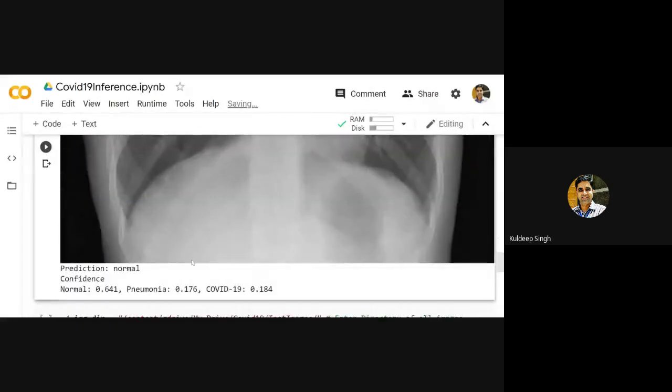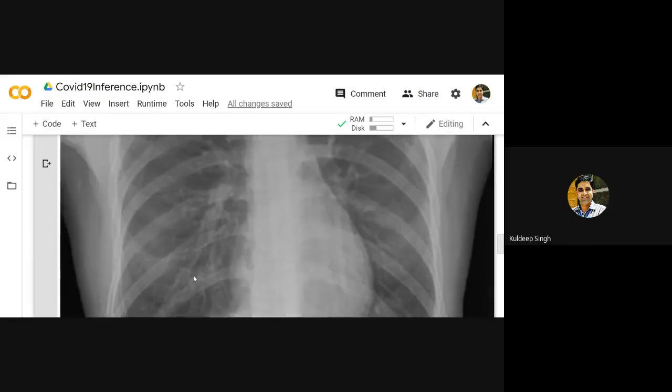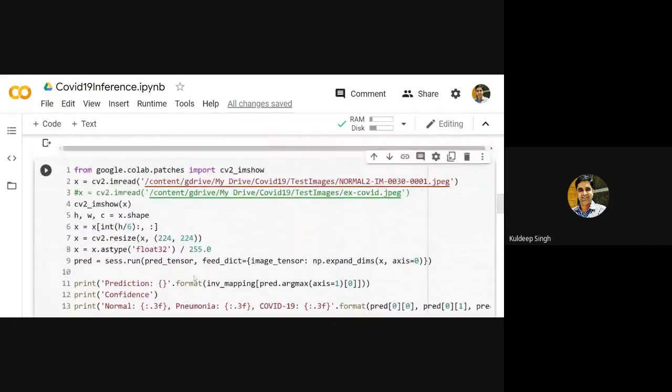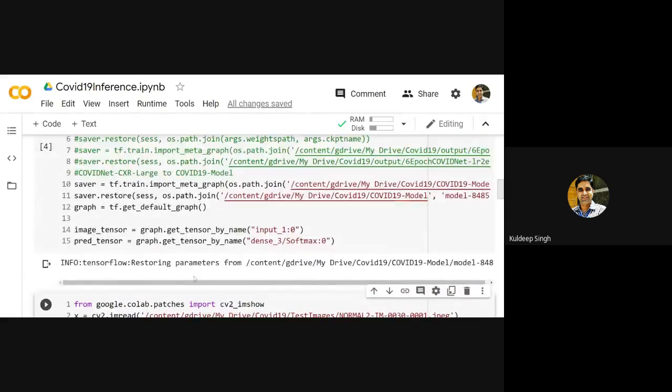Now you can see this chest X-ray belongs to the normal category since the confidence or prediction score is highest for the normal class, that is 6.641. That's why it is being classified to the normal category.